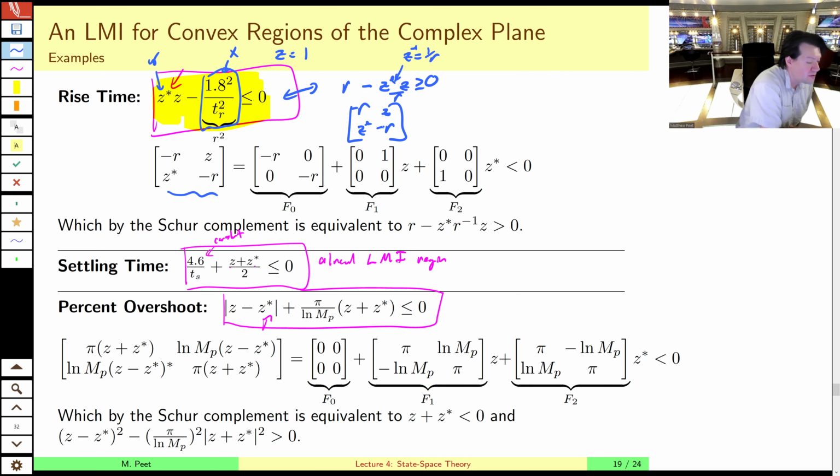So then we can represent this using the Schur complement as an inequality on this larger matrix. And so now this has the form of an LMI region. This is our F0. This is our F1, which multiplies Z. This is our F2, which multiplies Z star. So we can use the Schur complement to get something quadratic, there's our R inverse, to something which is an LMI region.